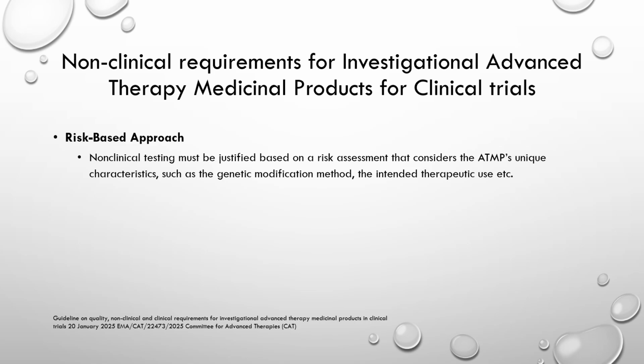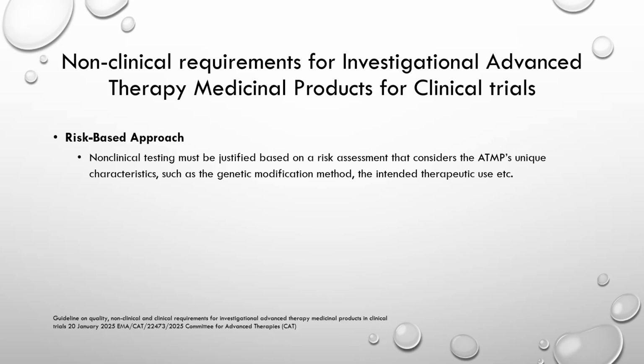So, for example, the genetic modification method might produce certain risks associated with off-target editing that may not be immediately obvious, and therefore you need to do long-term studies, if you like. Your non-clinical studies will encompass that.